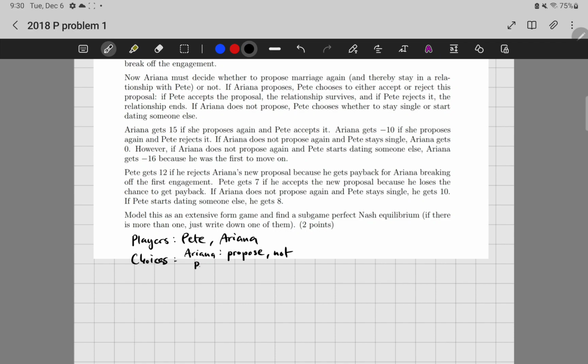But Pete's choice is, if Ariana proposes, he can accept or reject, and if she does not, he has a choice of staying single or date someone else.